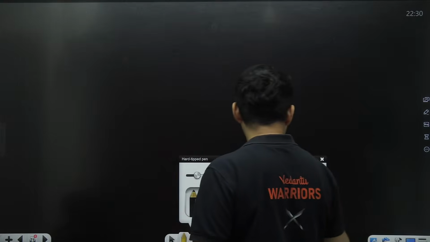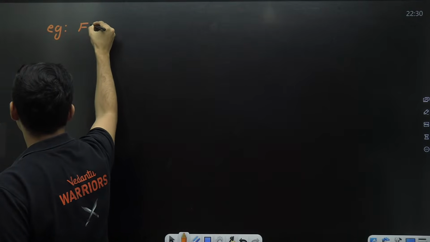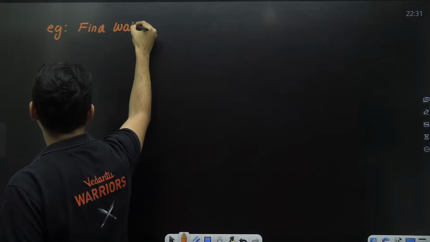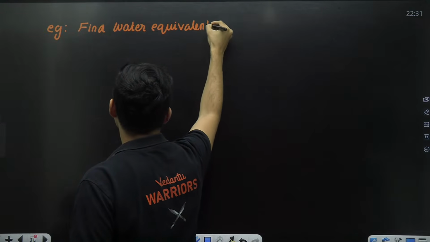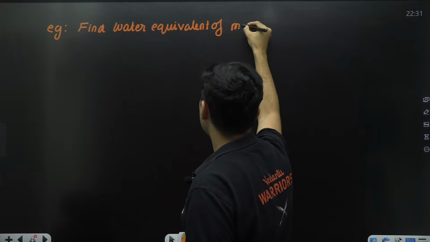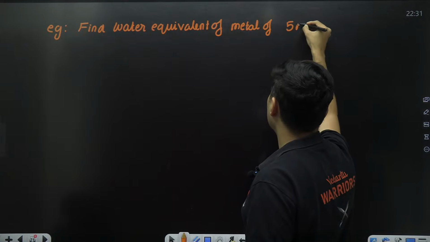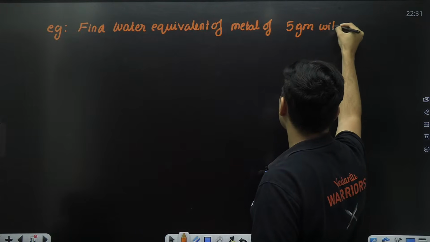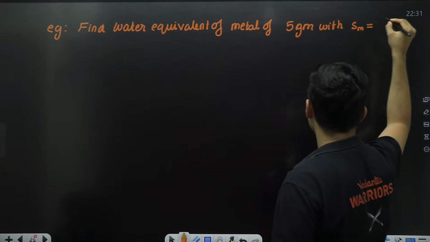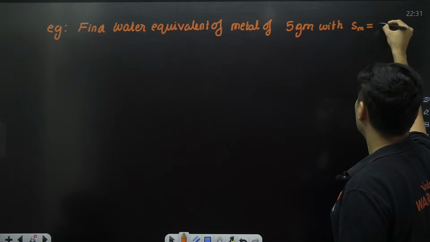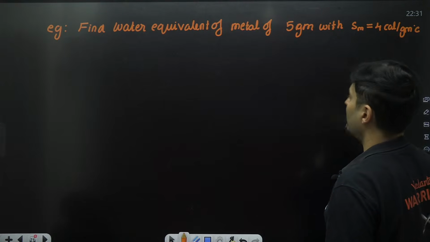But before going ahead, sometimes the question can be: find the water equivalent of a metal of 5 grams, with specific heat capacity of that metal being, let's say, 4 calories per gram per degree centigrade.